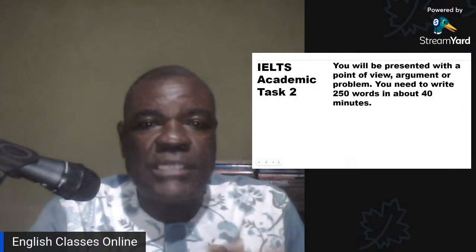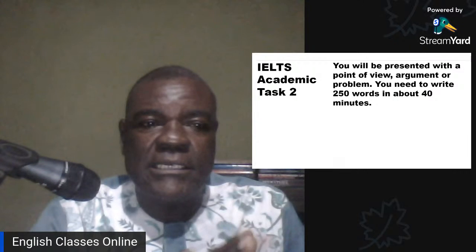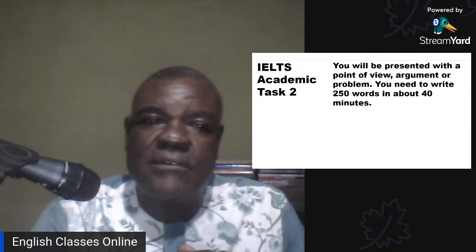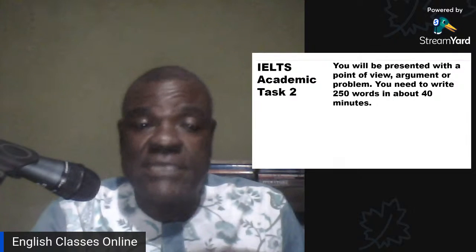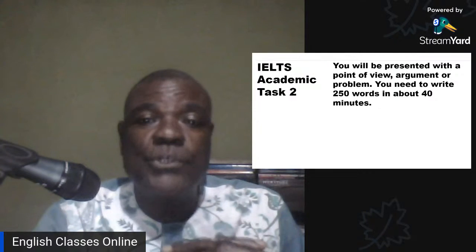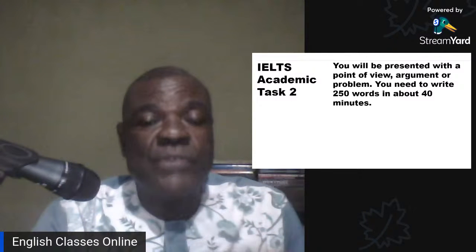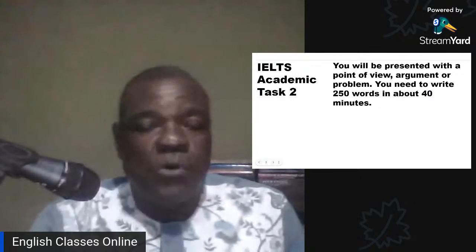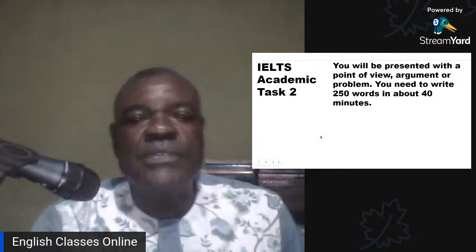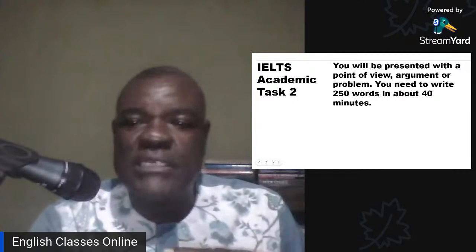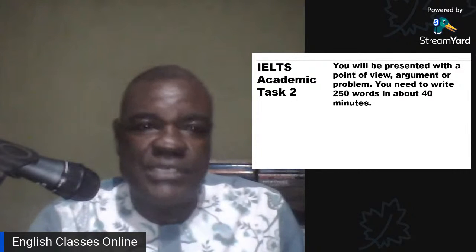Now, you need to understand that in the IELTS academic writing, especially the essay writing aspect, which is task 2, you are usually presented with a point of view, an argument, a problem, or just a social situation. You are given something, and then you need to write 250 words in about 40 minutes.